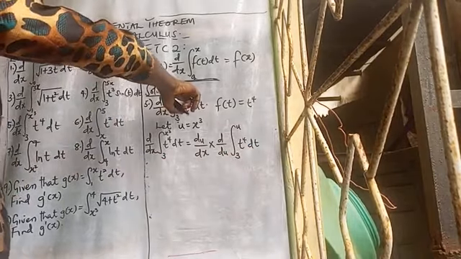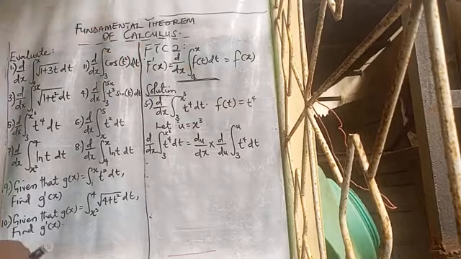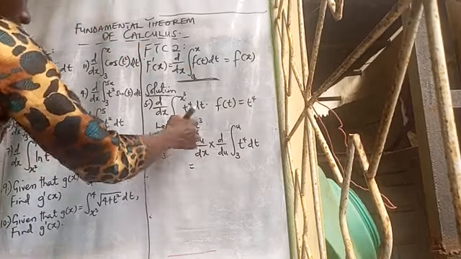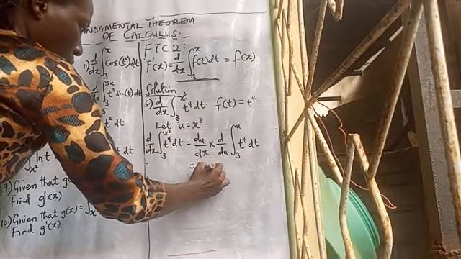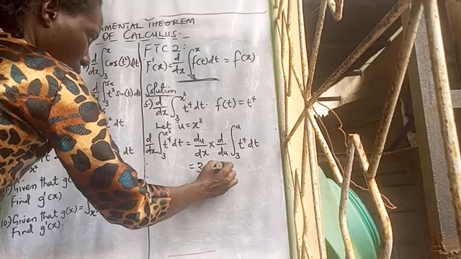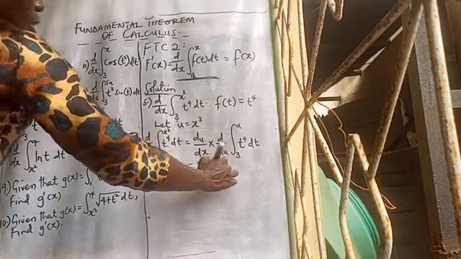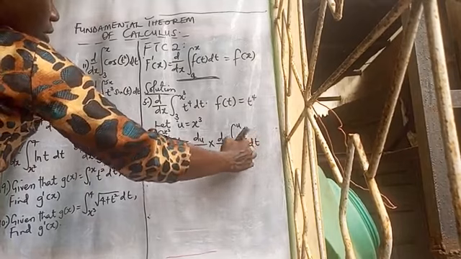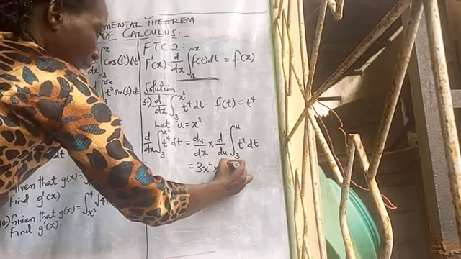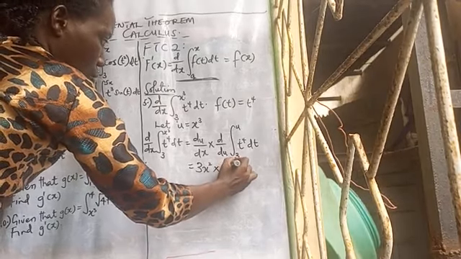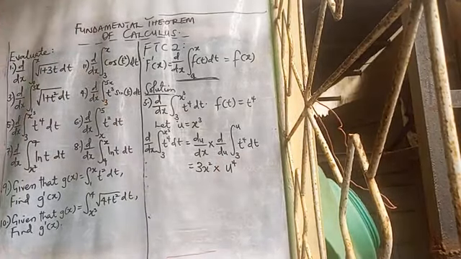We have replaced our x cubed with u. And what is du/dx? du/dx of u is what? 3x squared, times d/du of this, which is our f of u. And that is u raised to power 4.